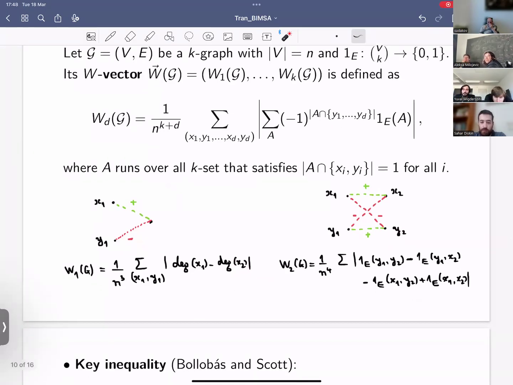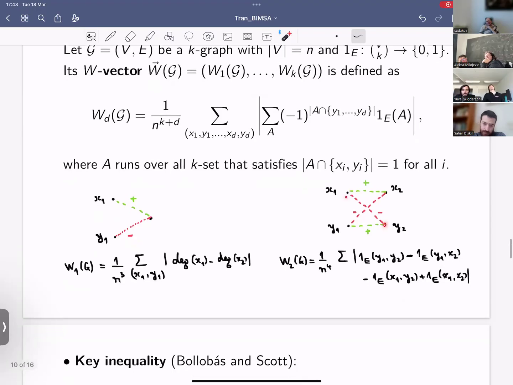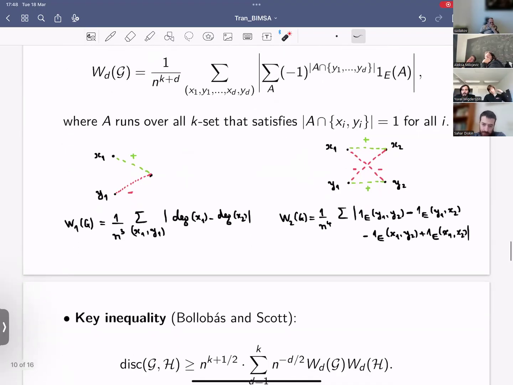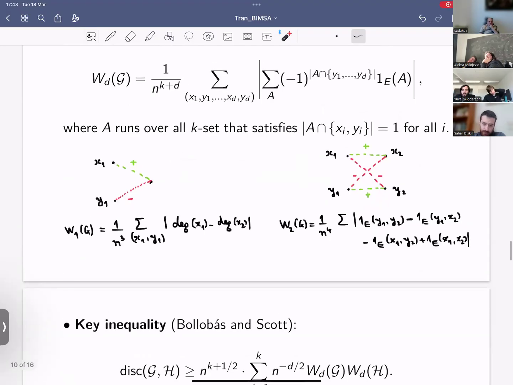And the second coordinate, W2 of G. For the second coordinate, we need to consider a sequence of 4 distinct vertices H1, Y1, H2, Y2. And this will become 1 over n to the 4 of this sum over all possible H1, H2, Y1, I2, and then we have this alternating sum.